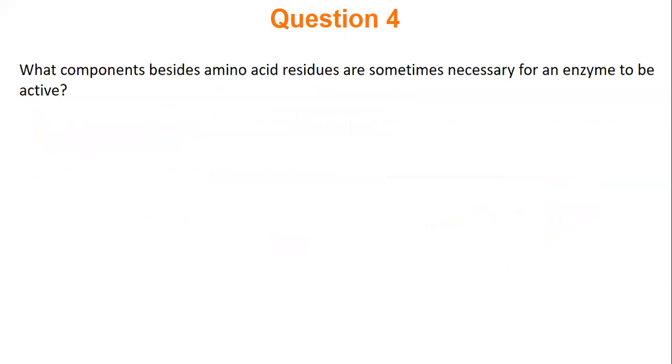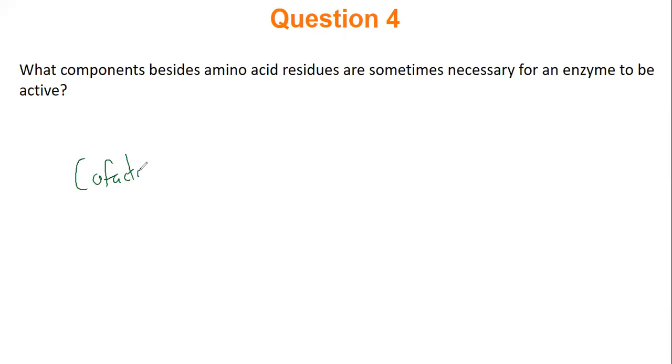All right. So what else do you need besides amino acids sometimes for an enzyme to work? What is that term called again? And can you name all the different types of these things? Cofactors. Yeah.